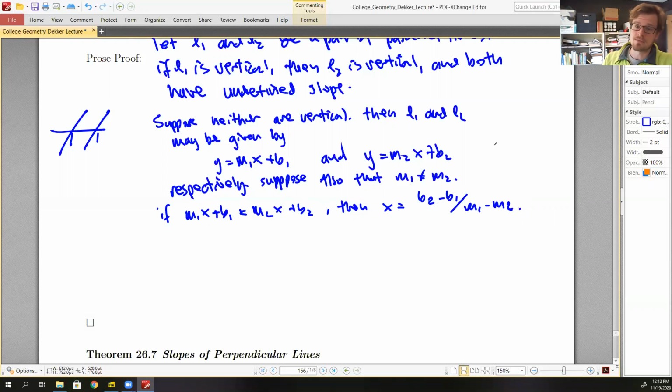And this works as long as m1 is not equal to m2 and assuming that they're not both horizontal lines. Okay, so the horizontal line case is ignored in this case.